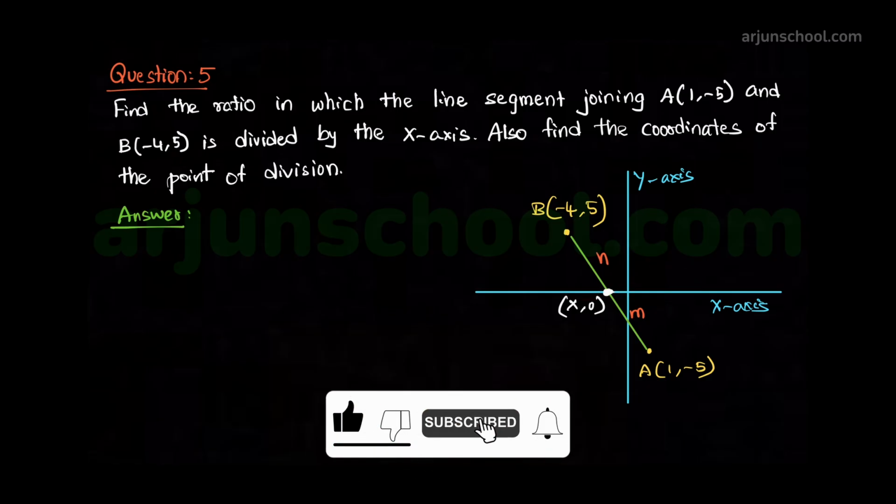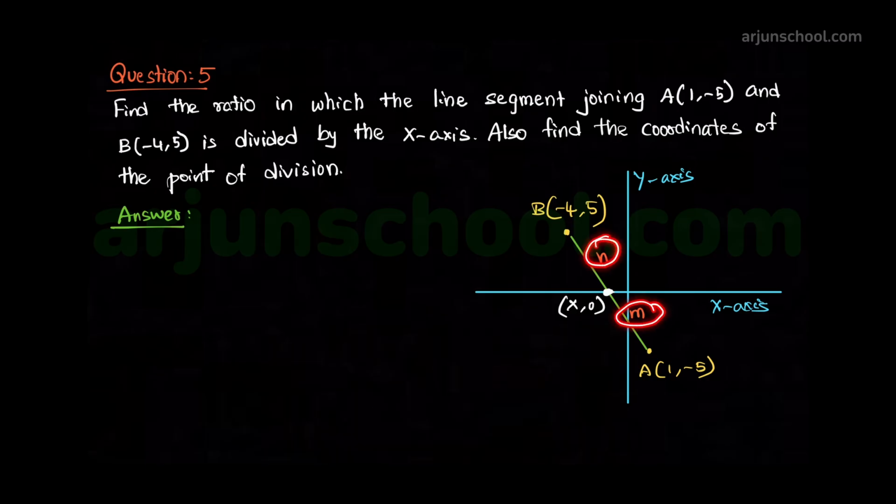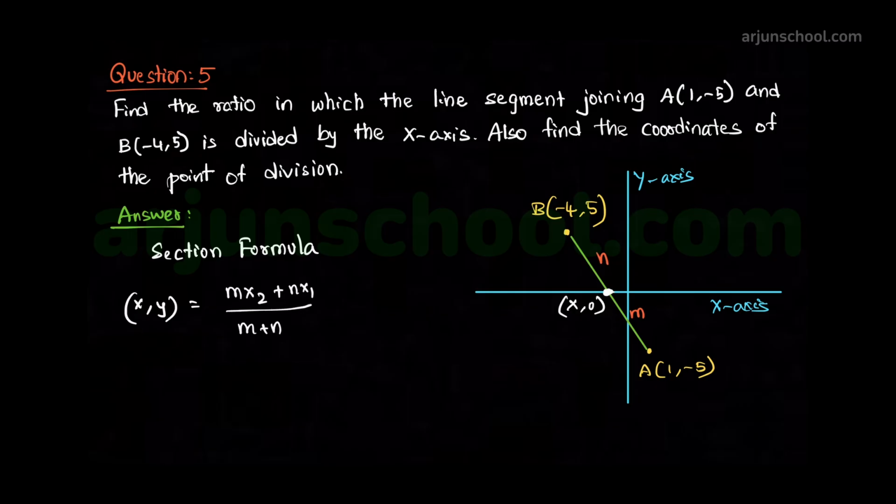First, let us find the ratio m:n in which this point (x, 0) divides the line segment joining A, B. Let us use the section formula for internal division. The coordinates of the dividing point are (mx2 + nx1)/(m + n), (my2 + ny1)/(m + n).